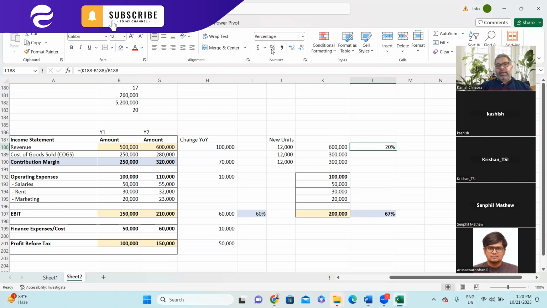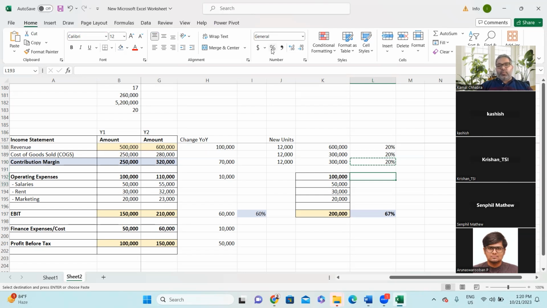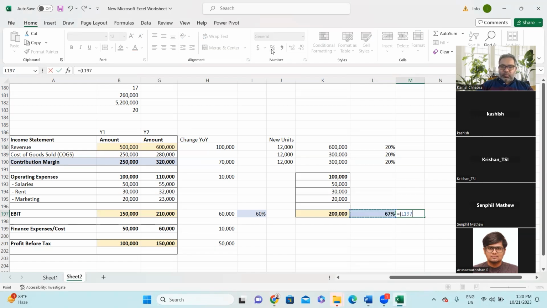So your sale has increased by 20%, your COGS has increased by 20%, your contribution has increased by 20%, whereas your EBITDA, if you see, has increased by how much percent? 200,000 minus 150,000 divided by 150,000.